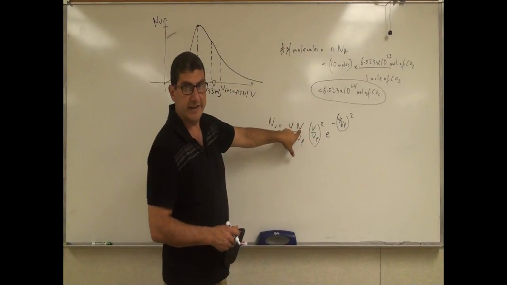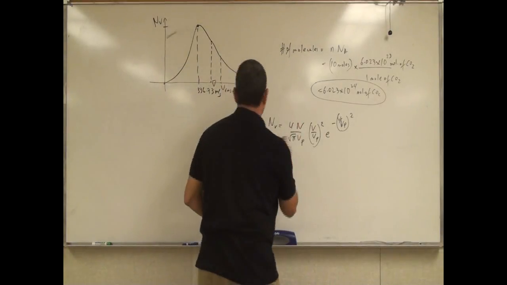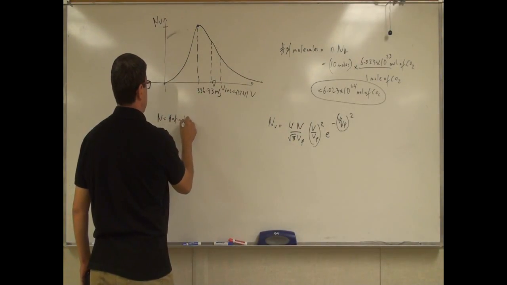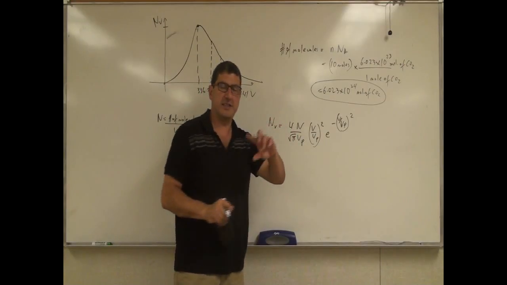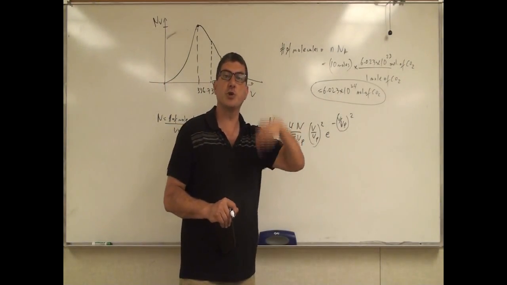Now the way we define this n of the Boltzmann distribution function, this n was the number of molecules per unit volume. So it's not the traditional N that is the total number of molecules, but it is the molecules per unit volume.